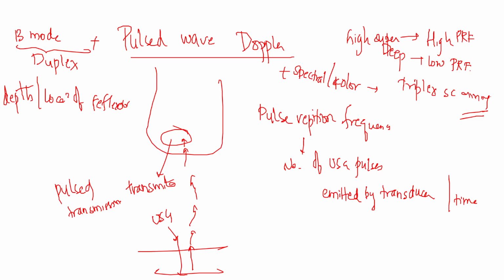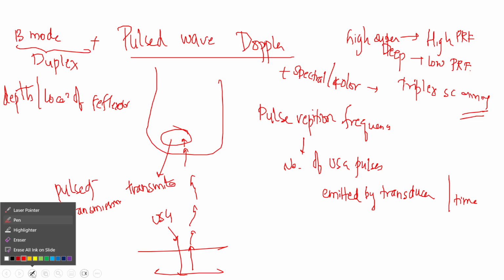Then the next important type of Doppler, after pulsed wave Doppler, is the color Doppler. In color Doppler, there is a color mapping, meaning that there are two main colors, red and blue.